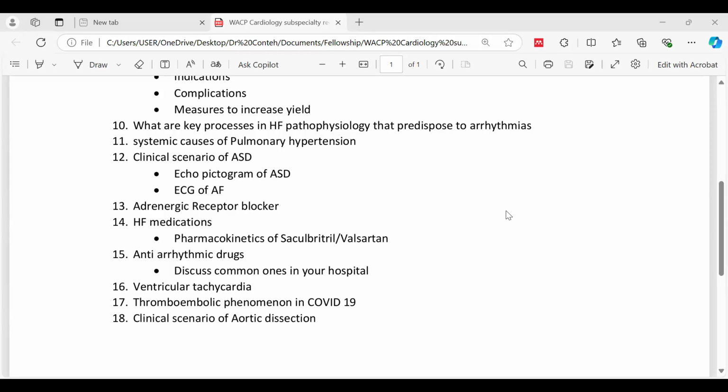Talking briefly about the classification, pulmonary hypertension is classified into 5 groups. Group 1 is pulmonary arterial hypertension, and under it you have several subtypes. You have the idiopathic form, the heritable form, those associated with drugs and toxins, connective tissue disease, HIV, portal hypertension, and even congenital heart disease, all falling under group 1.